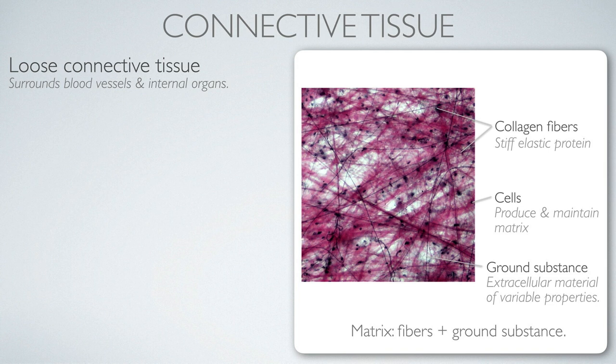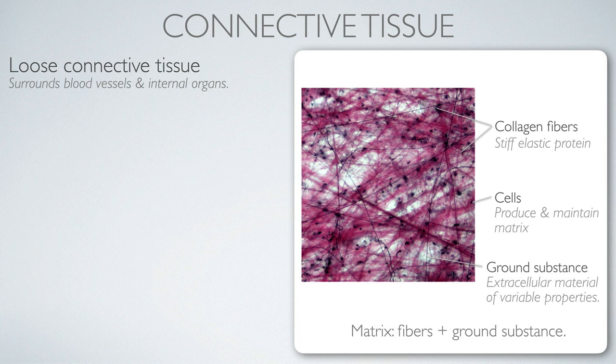Whereas in connective tissue, it is largely about what happens outside of the cells, this extracellular matrix. Its variable properties are what's interesting about the connective tissue. And so the cells play this role in building and reconstituting the matrix. Okay, so that's loose connective tissue.